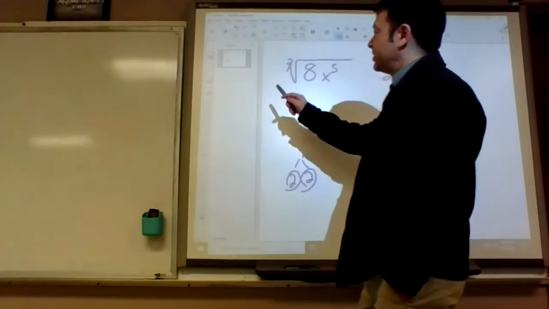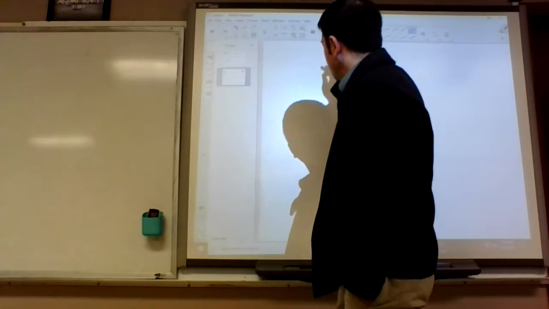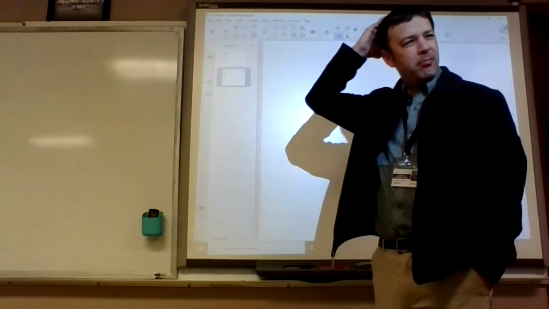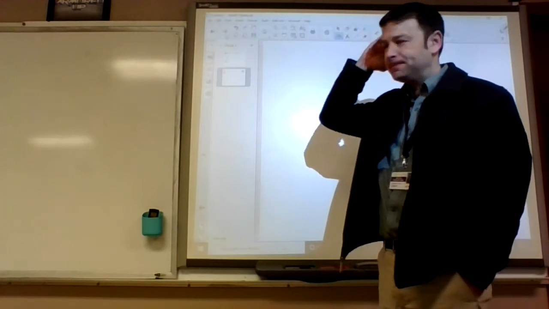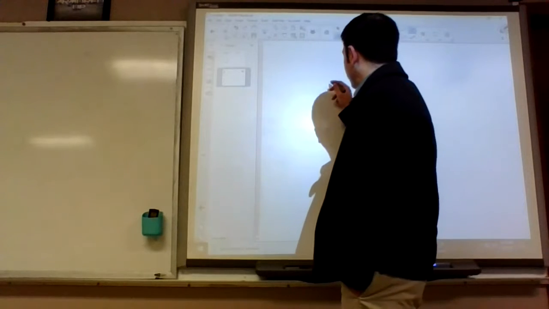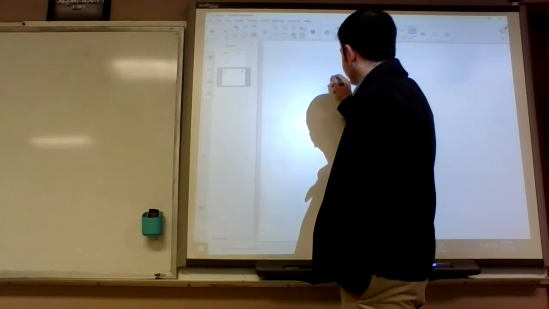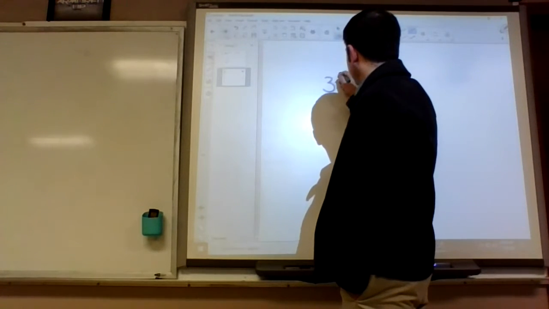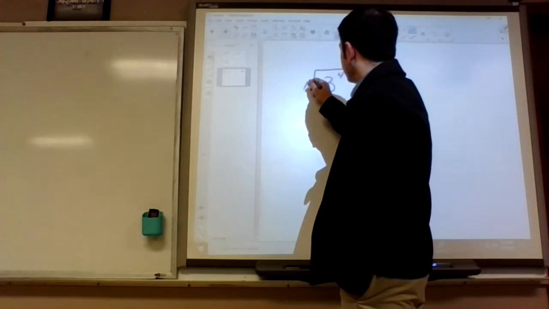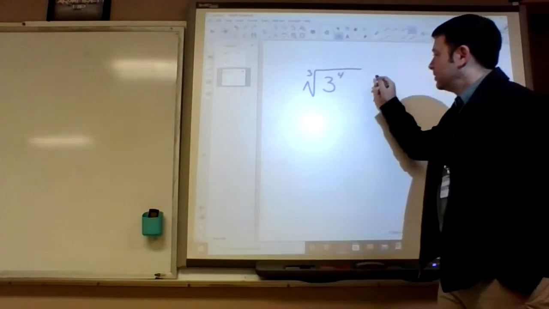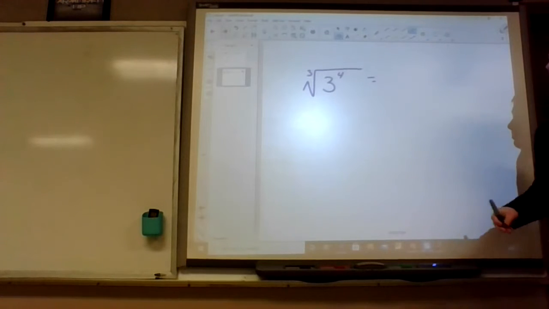Today we're doing something called rational exponents. Do you guys know what a rational is? Fraction. So instead of writing like that, this would be radical form.